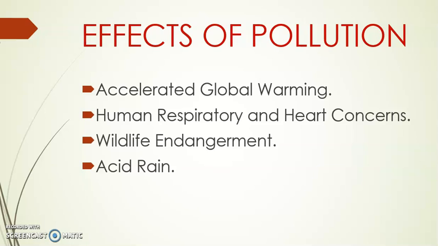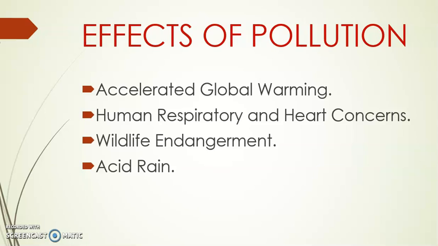So here are some of the effects of pollution. Global warming: the ozone layer gets depleted, and that is one of the most important points everybody should focus on, that it should not get depleted. And human respiratory problems, as I told you in the beginning of this topic, will definitely be affected, along with heart problems and wildlife endangerment.